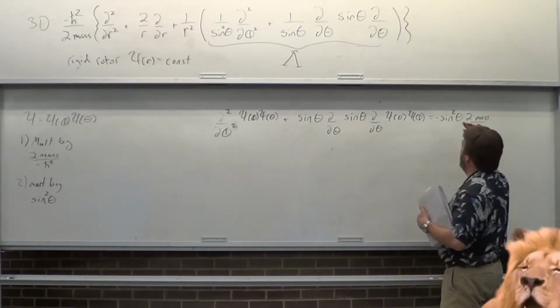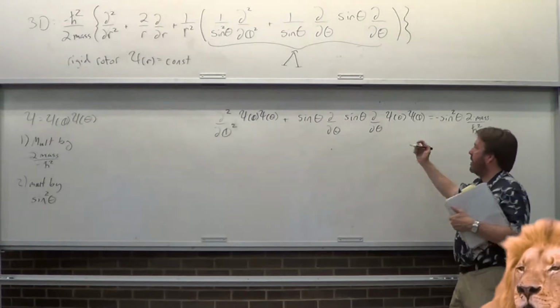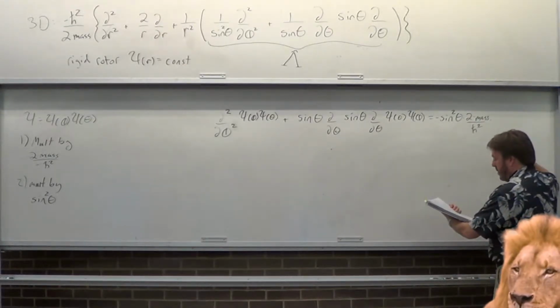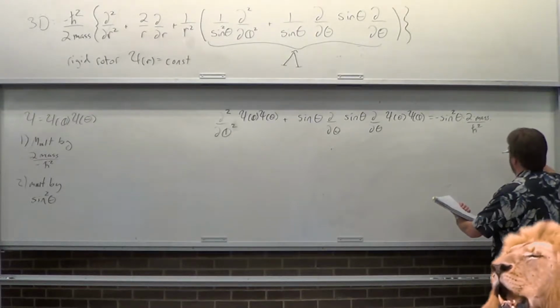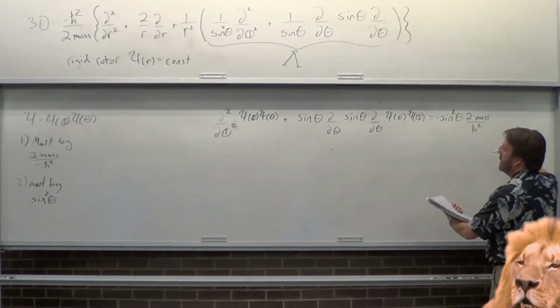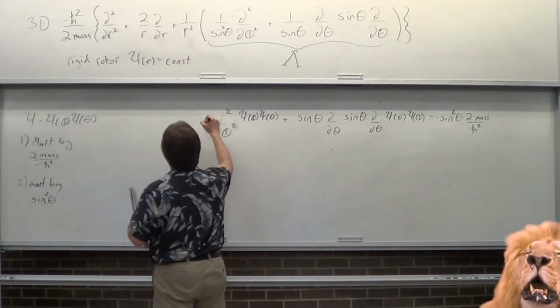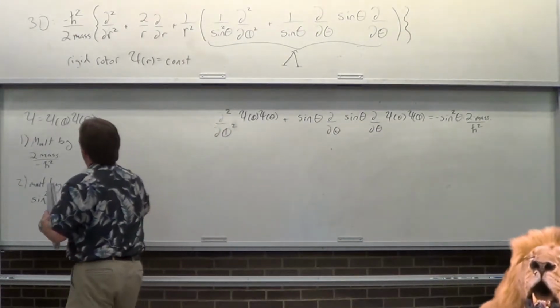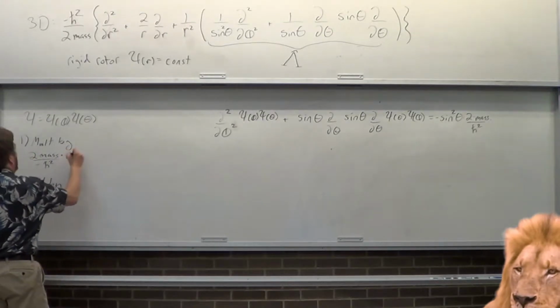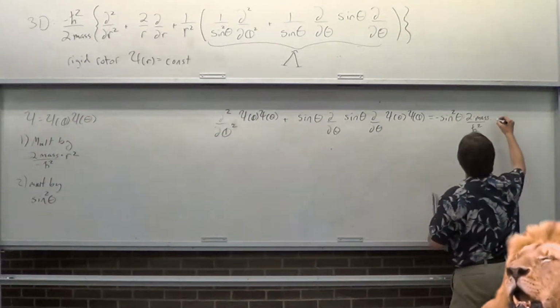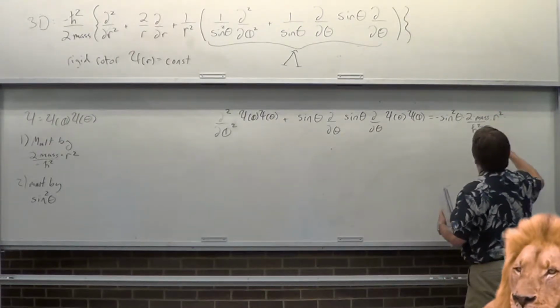Now, you may be thinking, why am I writing anything? Because you're used to an operator on a wave function. I actually have to include the, I forgot 1 over r squared. You see that? There's that r squared there.